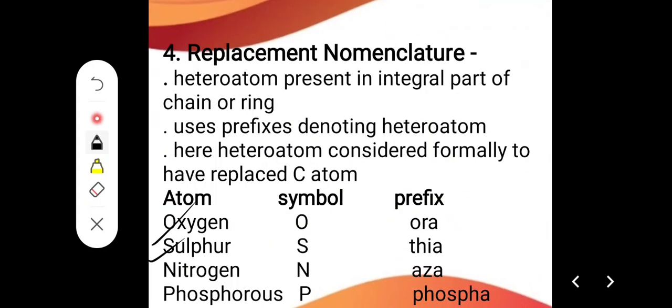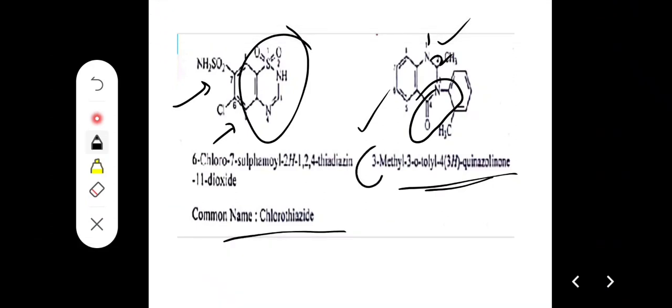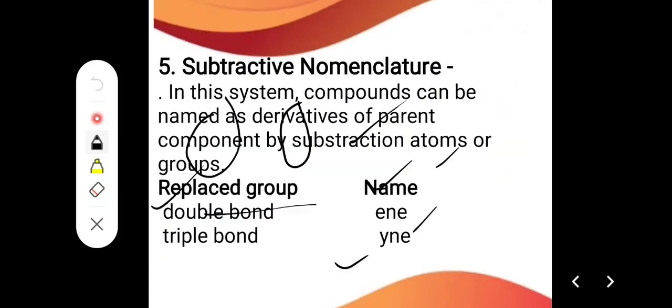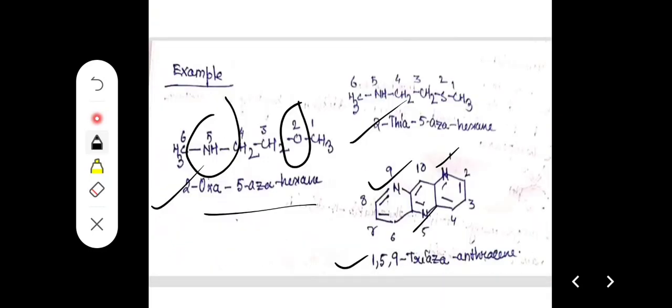In the previous structure, the positions are dictated: at the 3 position o-tolyl, 4(3H)-quinazolinone is present, and at the 6 position a chloro group is present. In IUPAC nomenclature, first the numbering is written, and this numbering 1, 2, 3, 4, 5, 6 is termed locants.